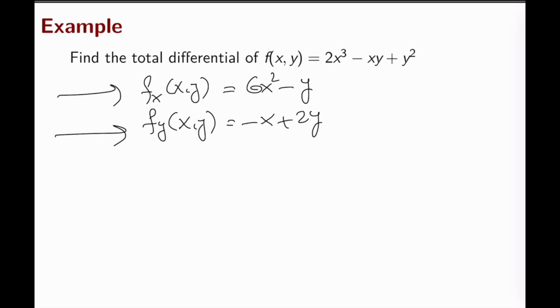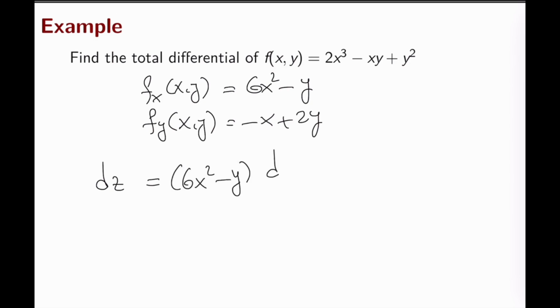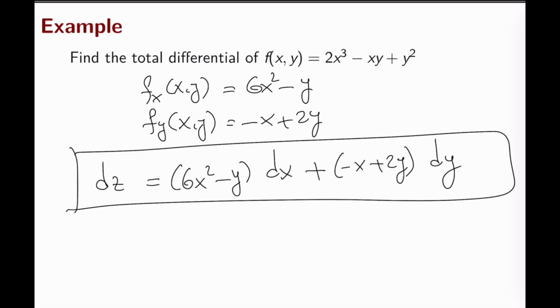Both are polynomials, so they are continuous, so this function is going to be differentiable. And the differential is going to be equal to the derivative with respect to x, (6x squared minus y) dx, plus the derivative with respect to y, (minus x plus 2y) dy. So this is the total differential of this function.